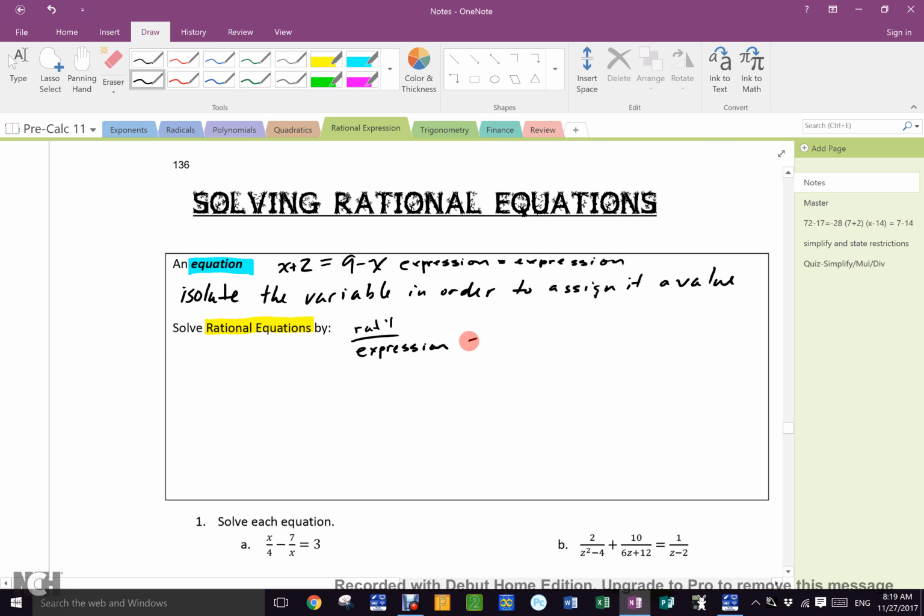There it is. Equaling another rational expression. And obviously, like every other thing we have ever done in math, nothing changes. Our goal is still to isolate the variable in order to assign it a value.